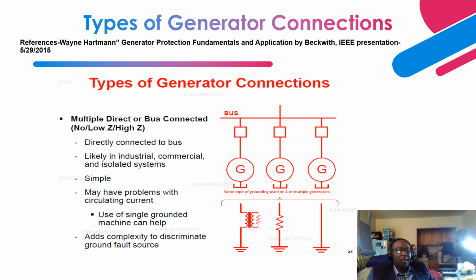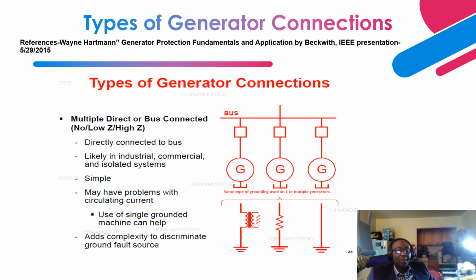Okay, so you can also have different grounding schemes on different generators. Let's say at an industrial or commercial facility, you can have 2 or 3 generators, and you can have one generator connected in high impedance, right? You can have one generator connected in low impedance, and you can have one generator connected in a solidly grounded system, right? And no grounding on the neutral part, right?